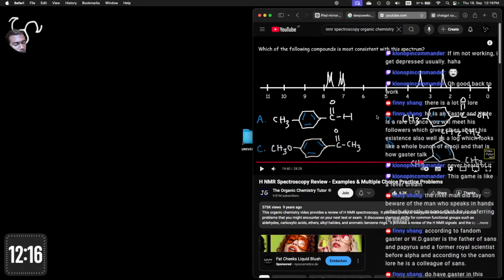Which of the following compounds is most consistent with this spectrum? Dude, I got an exam tomorrow and I don't know if I would pass.